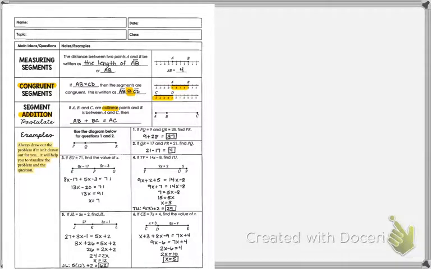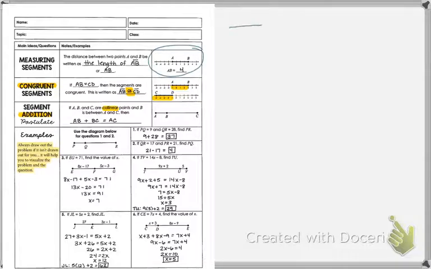Alright, when we're measuring segments, and by a segment it's just one straight line with two endpoints. Typically it's the distance between two points. In this first case scenario right here, they've labeled them A and B, and it can be written as the length of AB with the segment picture of it.